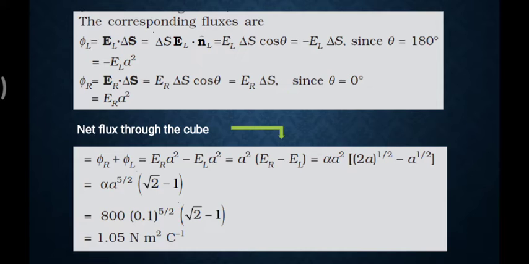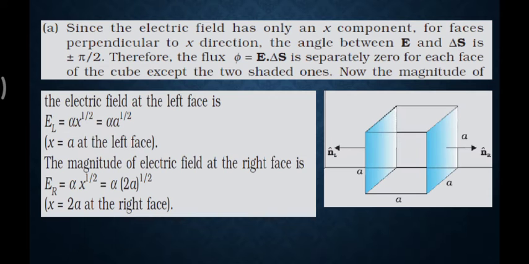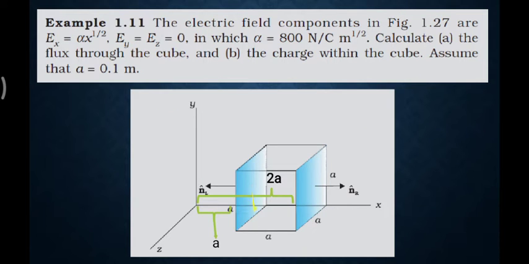If you are writing in your notebook, please make a vector sign. If you reduce the vector dot product, it becomes a cos. So EL times delta S cos theta, where theta for the left surface is this: the surface vector is in this direction and the electric vector is in this direction, so they make a 180 degree angle.